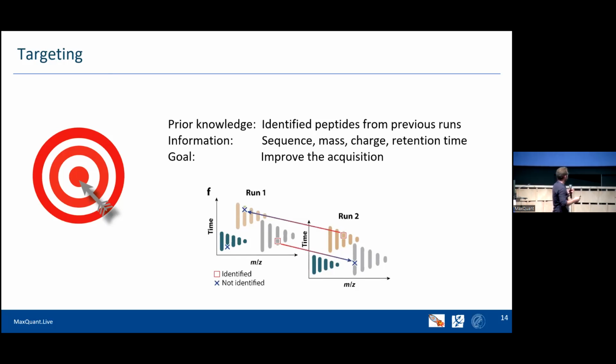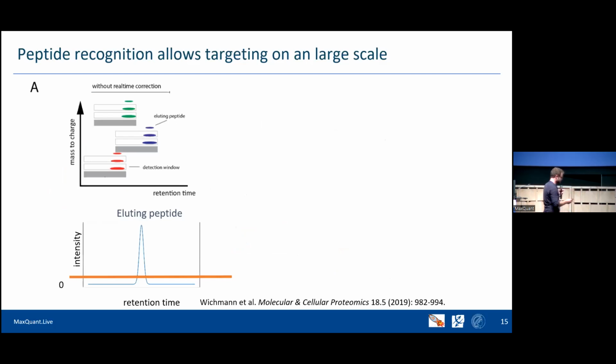So we have to be a little bit careful how we set our scheduled runs, and we can have a look here. That's mass to charge and the retention time, and these boxes are actually considering that there is some fluctuation. The peptides are likely to elute earlier or later, 10 seconds, probably a minute, depending on how good your chromatography is.